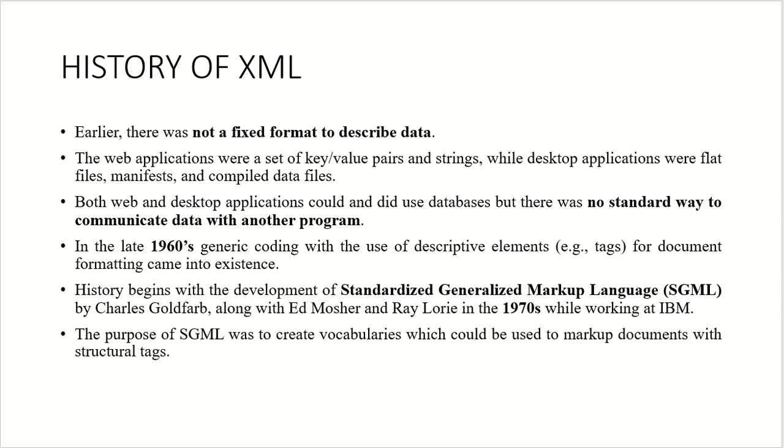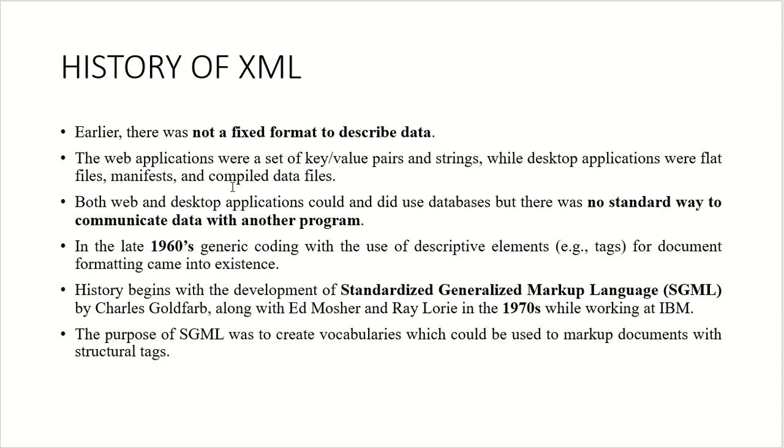So how XML was developed? Earlier there was no fixed format to describe the data. Alright. The web applications were the key value pairs or strings. The desktop applications were flat files. Flat files means like a word processor file and so on. Alright.